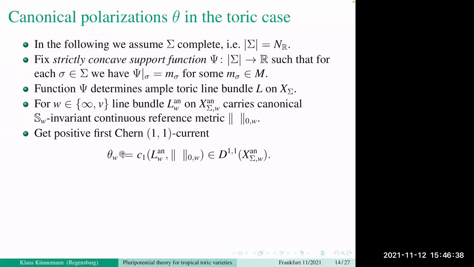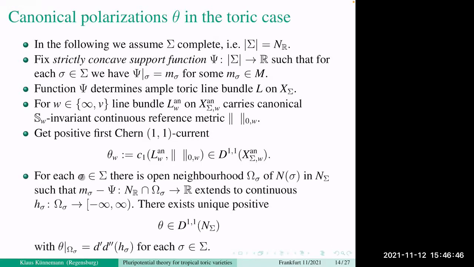And we want some tropical analog of this. And this we get as follows. For each sigma in the fan, there is an open neighborhood omega_sigma of N_sigma in the tropical toric variety, such that the function m_sigma minus psi has a continuous extension.